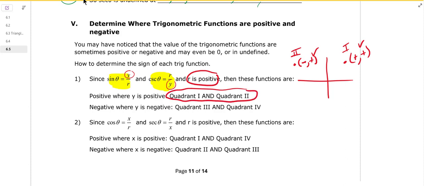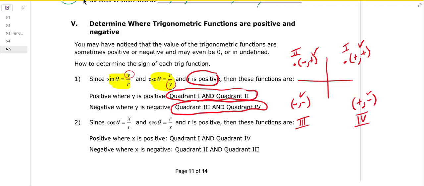We're going to be negative when y is negative. So that would happen down in quadrant 4, where you would have a positive x and a negative y, and down in quadrant 3, where you would have a negative x and a negative y. So you're going to end up being negative in quadrants 3 and 4.